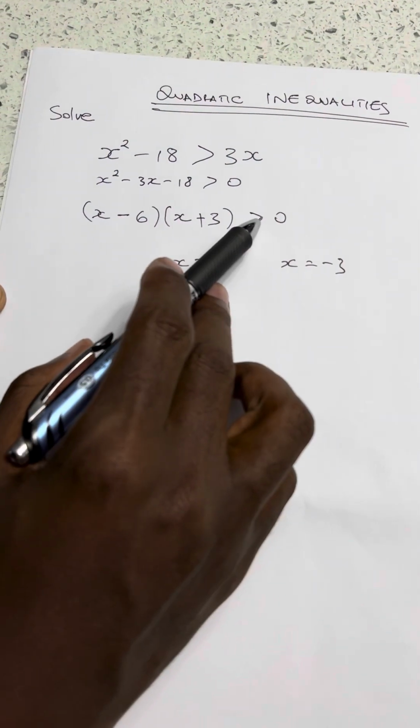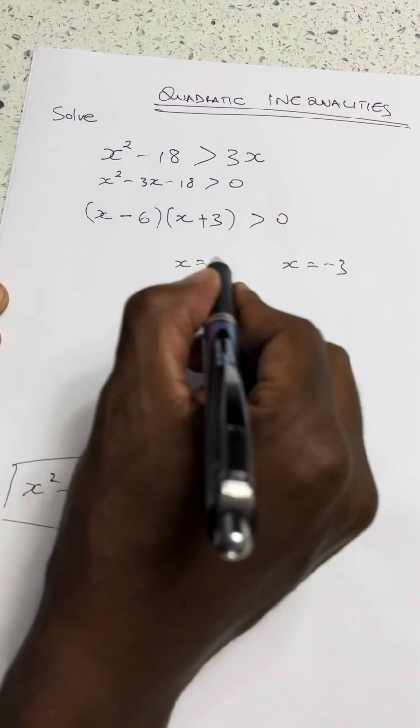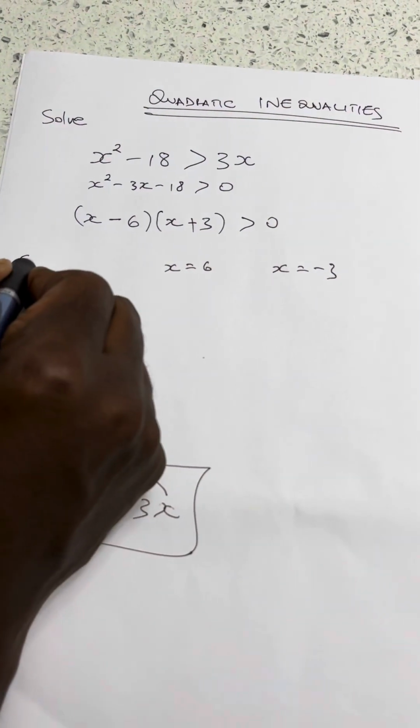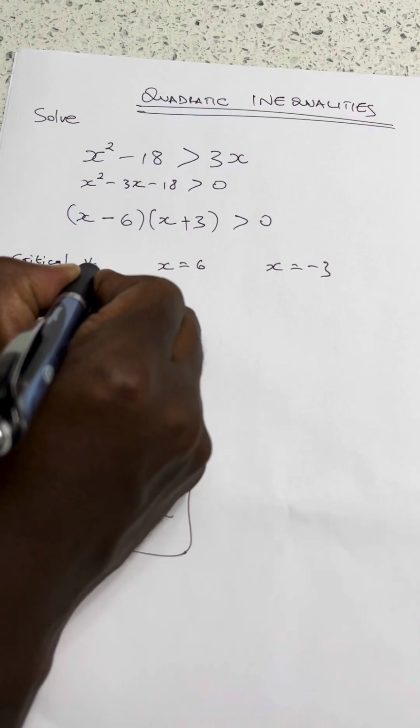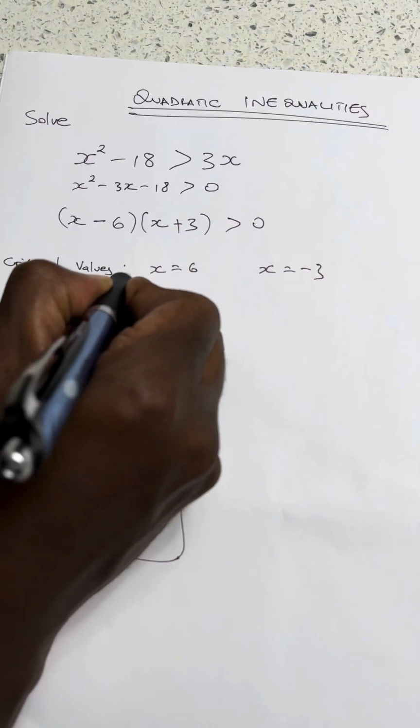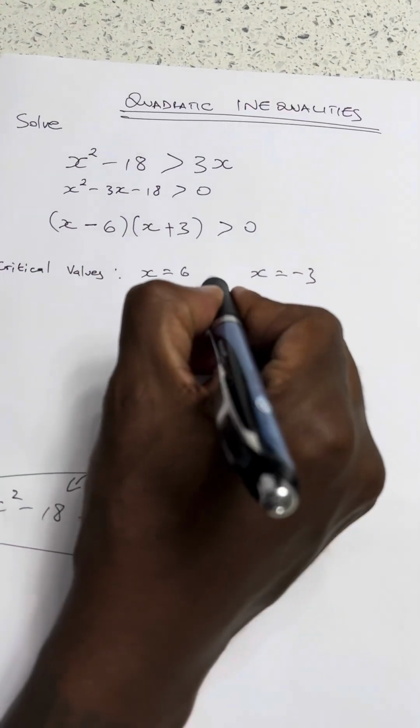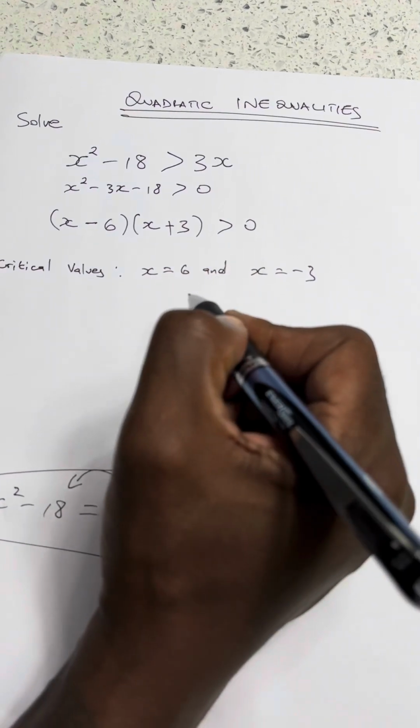But this is a quadratic inequality, not a quadratic equation. So these are just our critical values. If you write CV and write these two numbers, you will still get this mark.